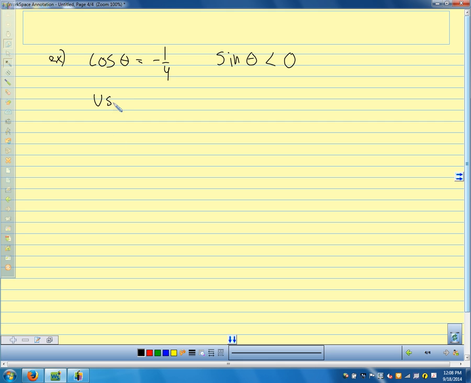This problem says use trig identities to find sine theta and tangent theta. So we're not going to set it up with a triangle like we did before. We're going to use identities.